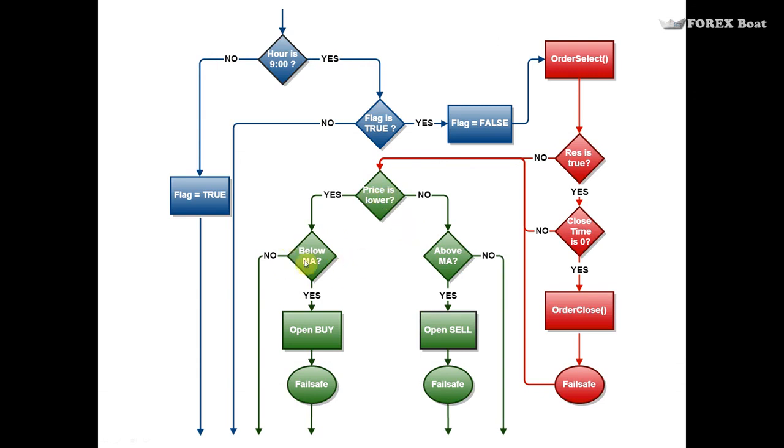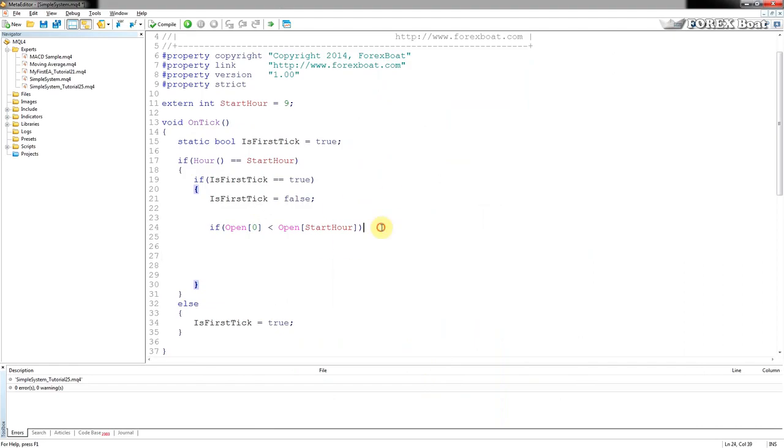And now we're going to ignore these 2 checks for below and above, and we're going to implement the sending of our orders. So if that is the case, then we will open a buy order. Else, if it's not the case, then we will open a sell order.